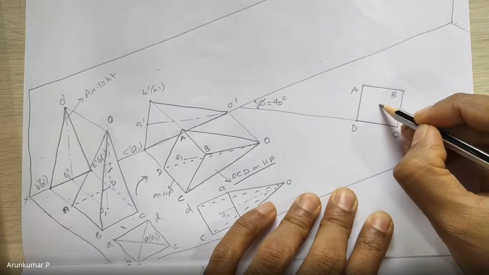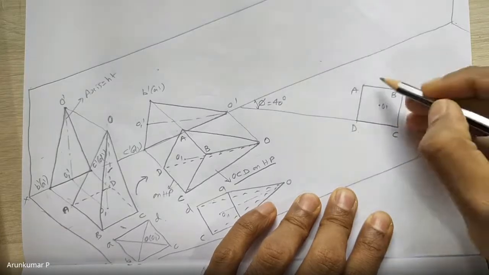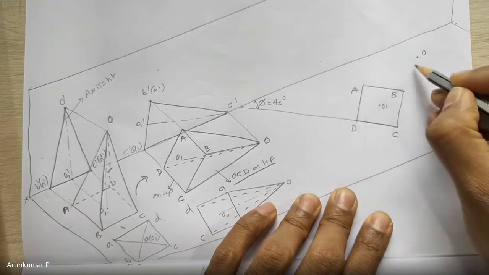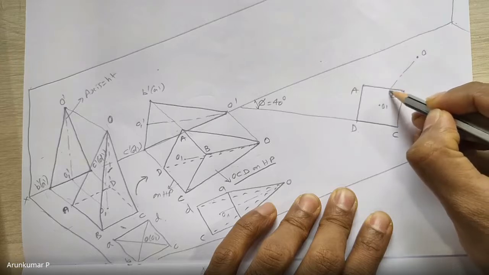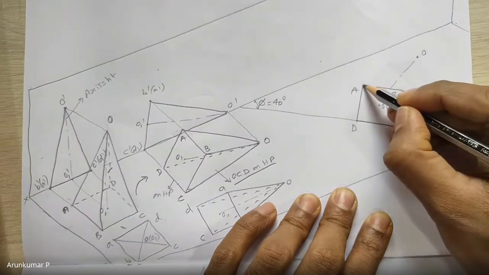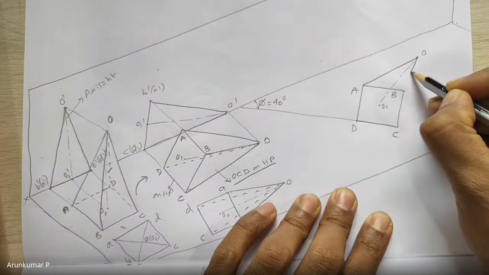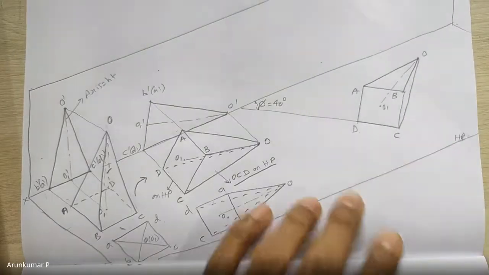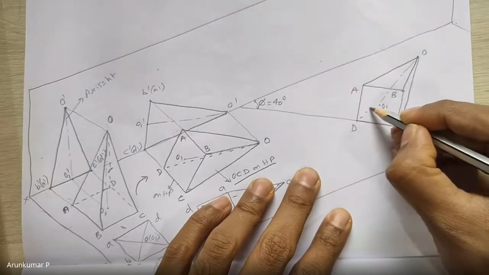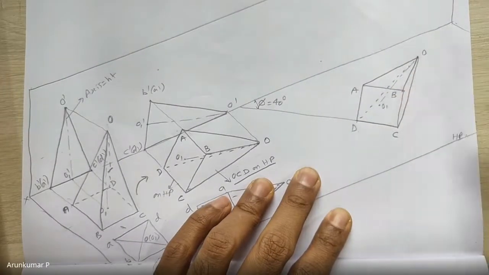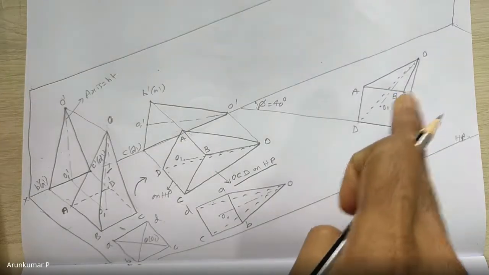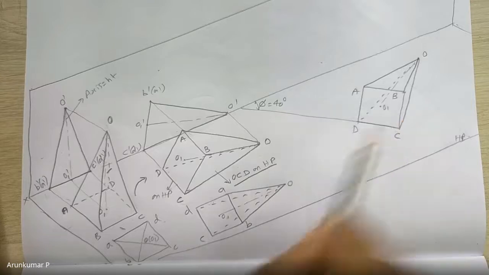So, of course, this is O1, the center of the base. So now, I think O will come somewhere here, the apex. This would be O1, the axis, and this would be the triangular face. And of course, OD also, dotted, it won't be seen. So this is how it will look like in the third step.